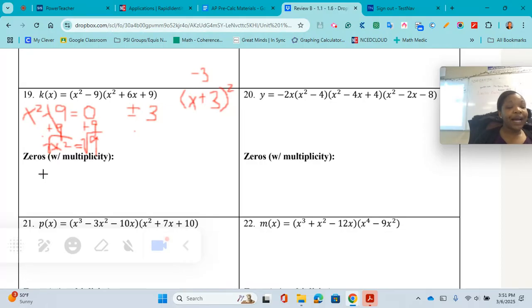For positive 3, how many positive 3's do we have? 1. So positive 3 with the multiplicity equal to 1. And how about the negative 3's? 3. So negative 3 with a multiplicity of 3.